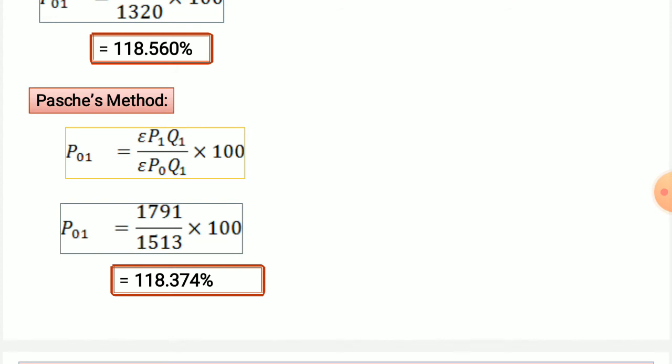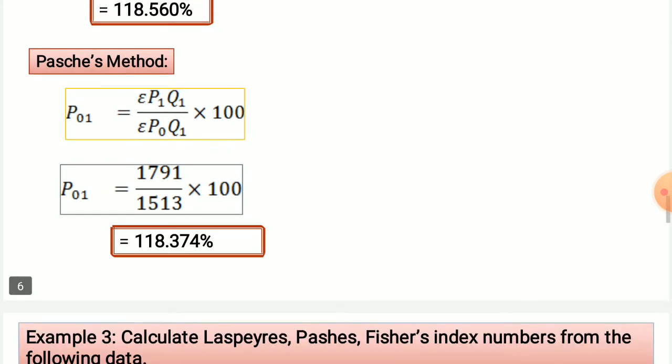By simplifying these figures we get 118.374%. This shows that in the current year the prices of all the commodities have increased by 18.374% when compared to the base year.